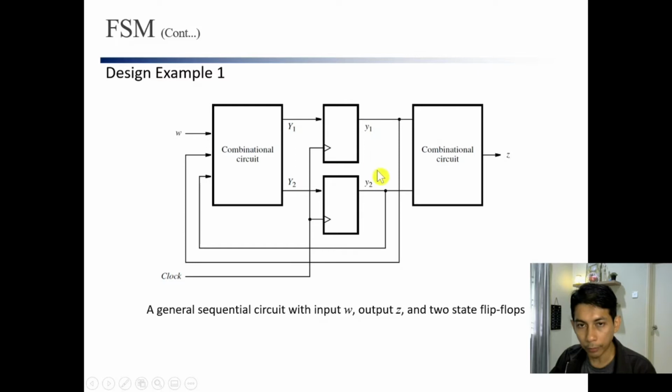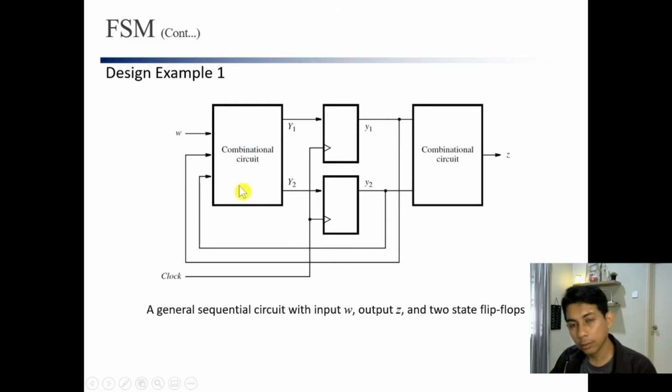The output of the flip-flops is the state, the current state or present state of the finite state machine, which is small y. It is the input to the combinational circuit here to generate the output signal. And you will always have the feedback. This is the feedback signal from this y to the combinational circuit here. It will always be like this.